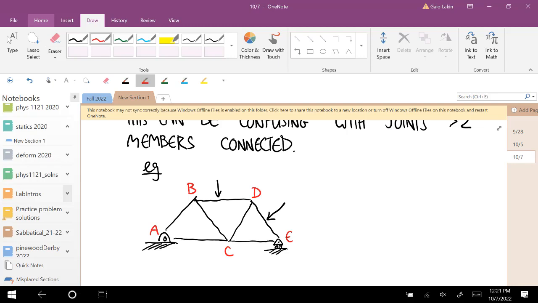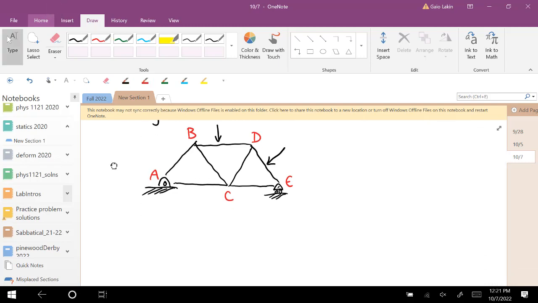But at A and E also, there are 2 members connected, and then the ground is also connected to it, okay? C has 4, yes, that's right. Those are all like pin joints.